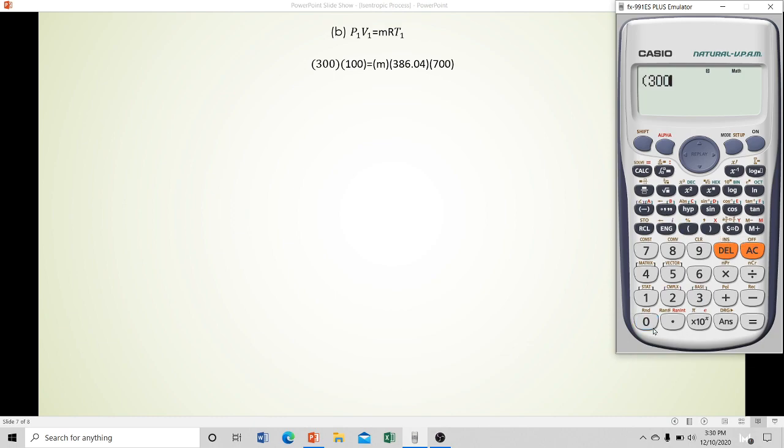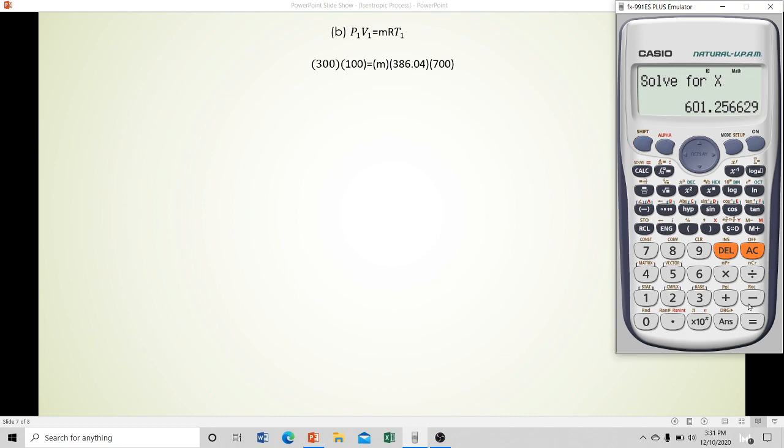We have 300 times 144 times the 100 cubic feet equals the unknown value, or the mass, times 386.04 times the absolute temperature 700.